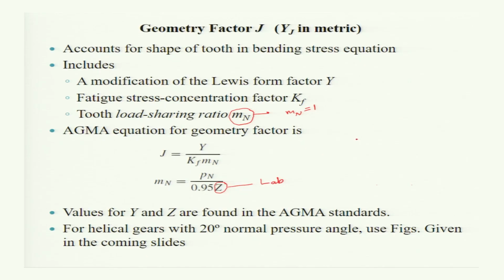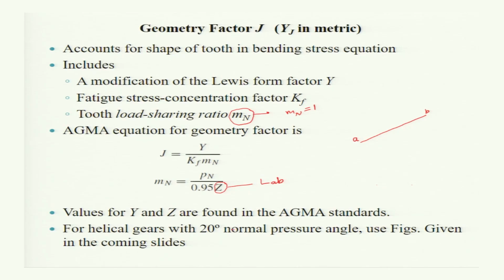Small a is the point of engagement and small b is the end of engagement. So along the line of action, the length of the line from A to B is called LAB, or it is also represented by Z. The values of Y and Z are found in the AGMA standards.